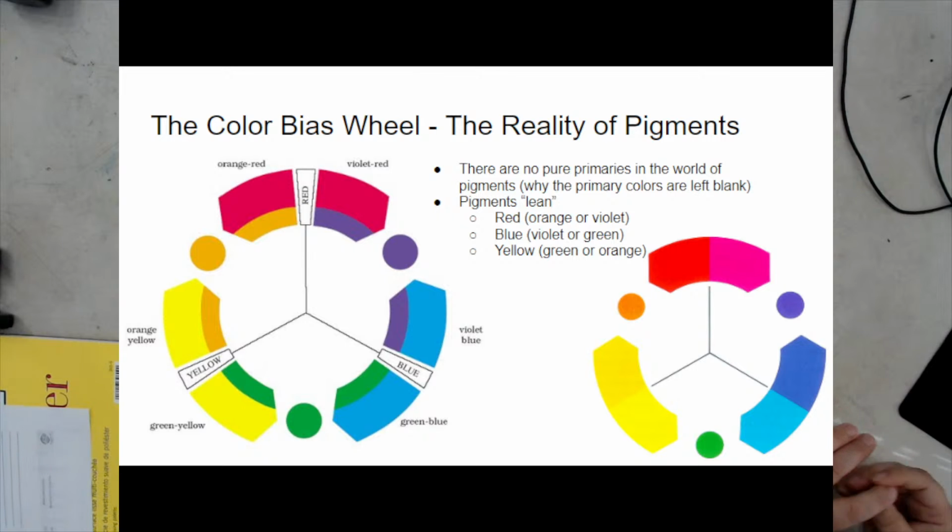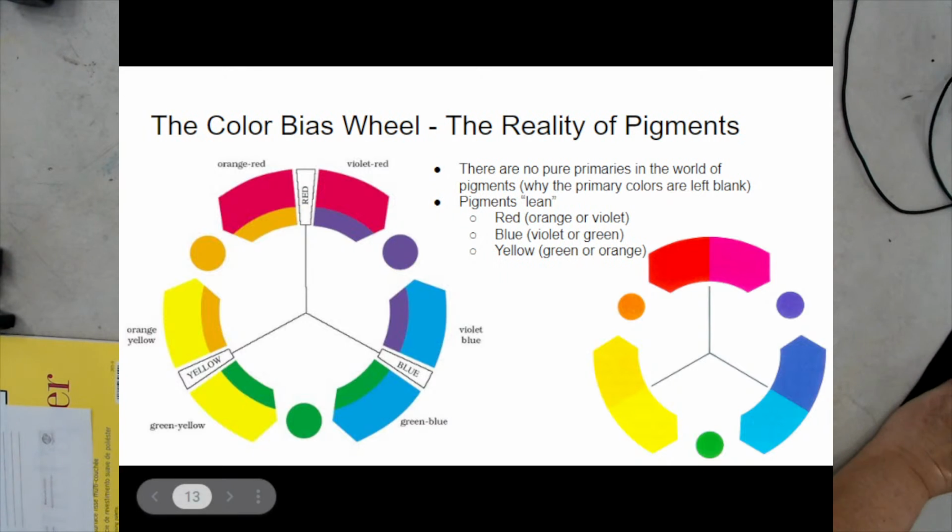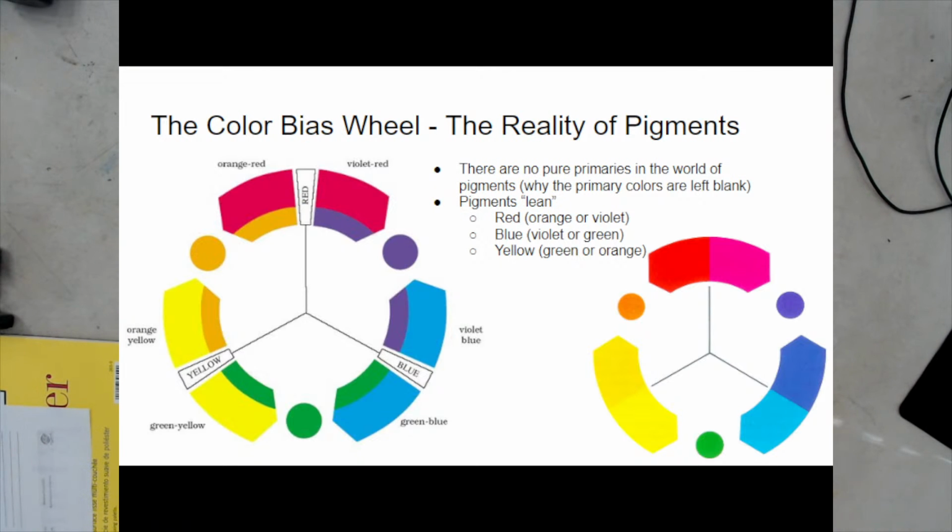I had read some other books that referenced this book as a source of great information about pigments and color theory and color mixing. It's a bit of a technical book, but that is the source for this color wheel. And that's what really opened my eyes and got me excited about color and pigments.